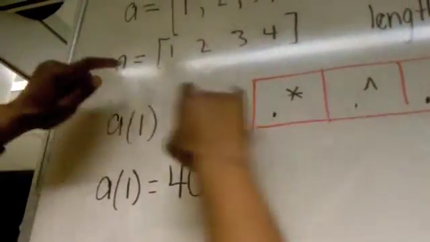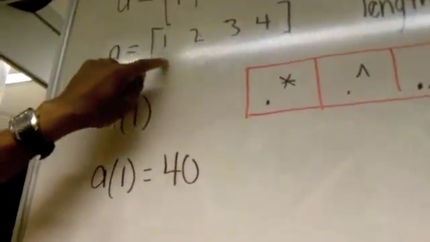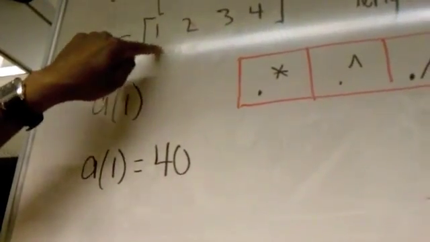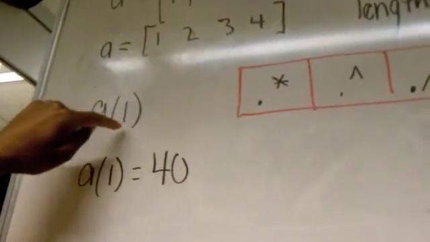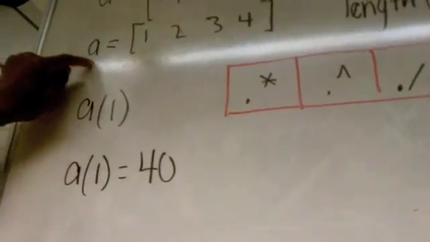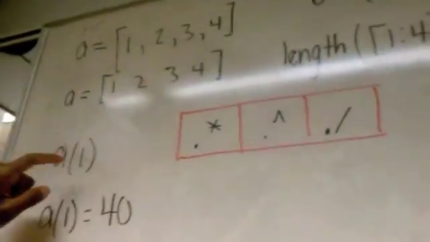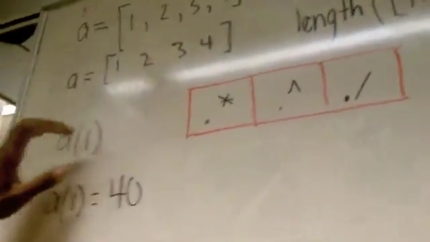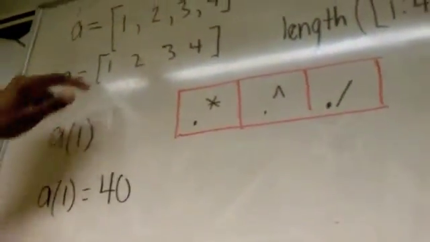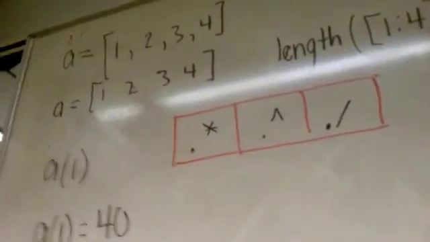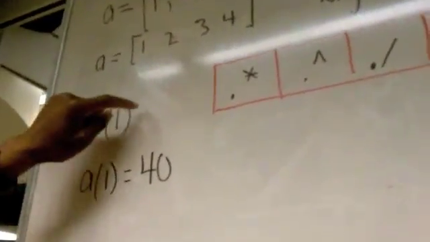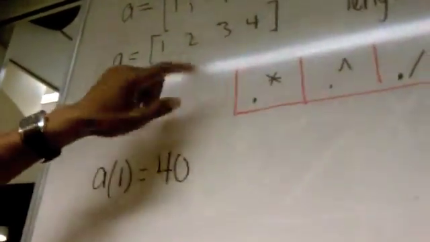If you look at this one right here, and I wanted to get this first element, this first index, all I do is put in 1, and this vector is called A now. So I put A parentheses 1, and that gives me my first. It just so happens that these two are the same. So what I would get out is A of 1 equals 1.